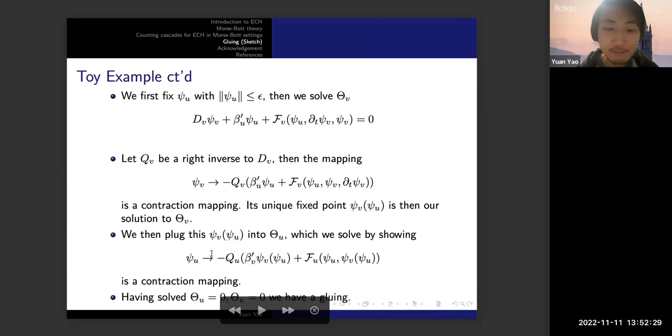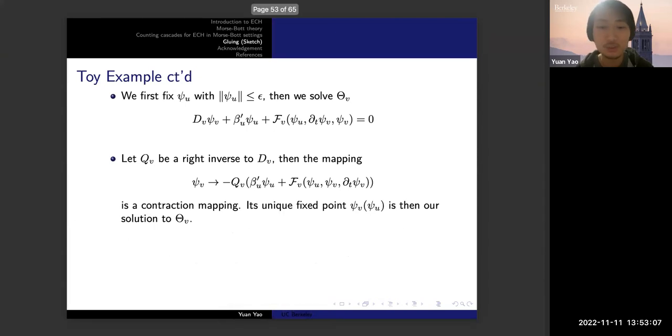After you feed this in, you're solving for psi of u via finding a fixed point of this map. Of course, in this equation psi of v is a function that depends on psi of u, and your only independent variable is psi of u. But you can show that this is still a contraction mapping. Therefore there still exists a solution psi of u, and so you have solved for psi of u and psi of v, and therefore there's a gluing. Are there questions about this?